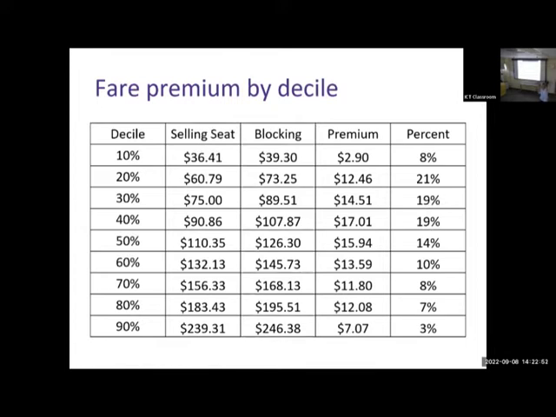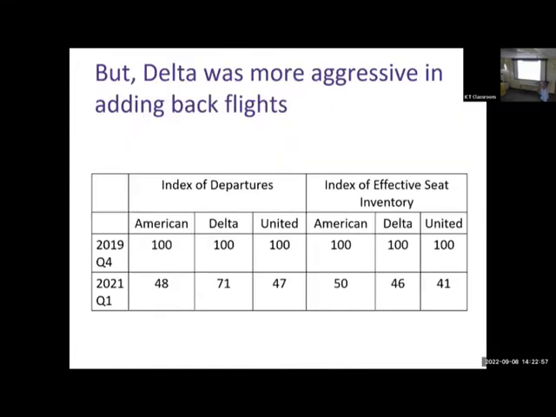So if we look at these 54 routes, at a measure of the number of flights, we're finding that before the first quarter, before the real pandemic hit, we called it 100. Number of departures: Delta by the first quarter of 2021 were back to about 70% of the schedule, whereas American and United were barely at 50% of their schedule back. So Delta was flying a lot more flights. Aircraft size really didn't change all that much.